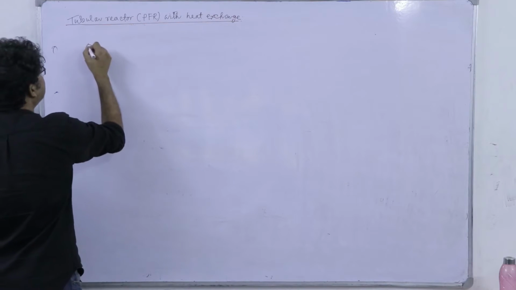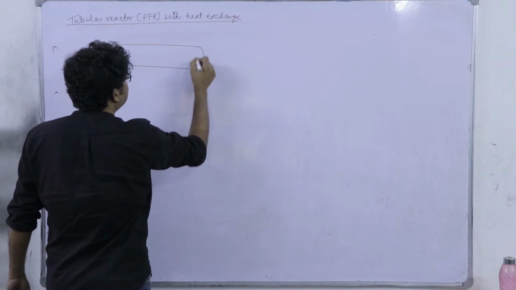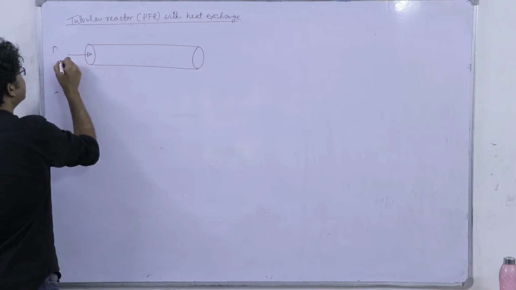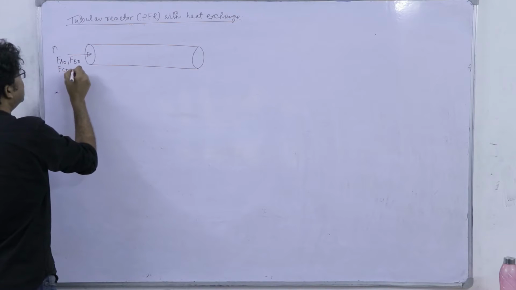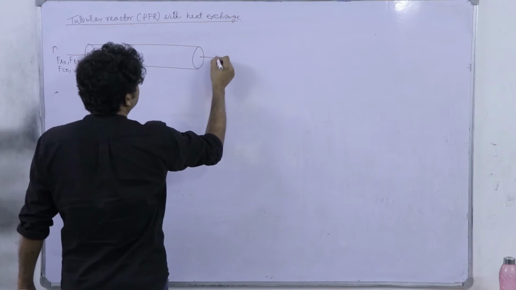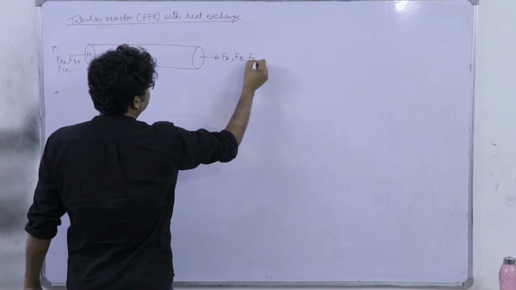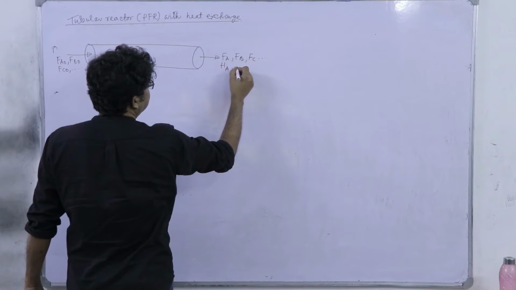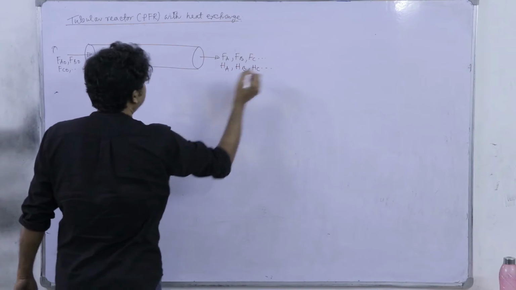So it is Fa naught, Fb naught, Fc naught, etc. Here whatever is moving out is Fa, Fb, Fc, etc. And its enthalpy HA, HB, Hc.